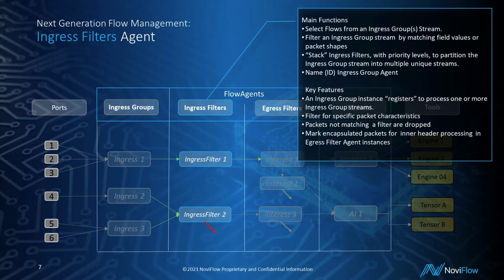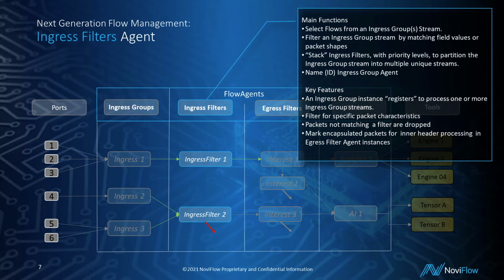But each one of them has a priority. So the packets will come over to the highest priority filter agent first. If they don't get a match there, they'll drop to the second one, to the third one, and so forth. If they do get a match, they'll go where the match shows. If they get all the way through the agents and don't match, they'll get dropped.